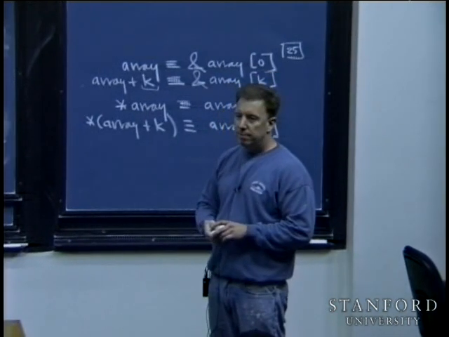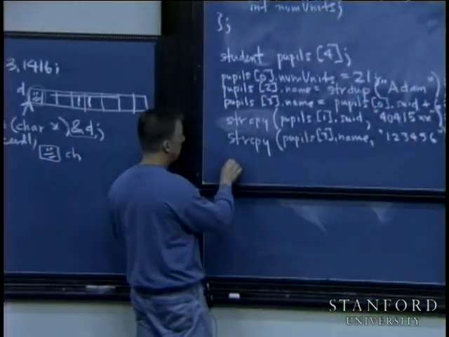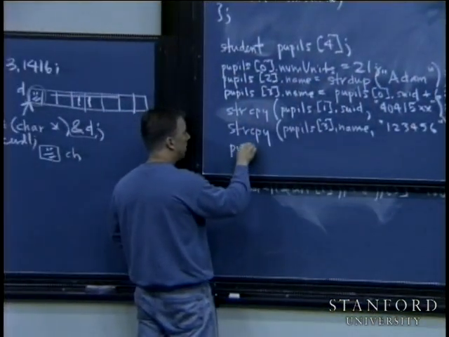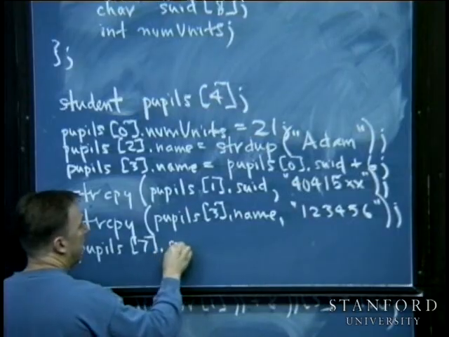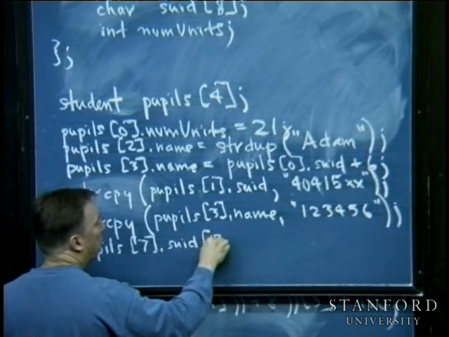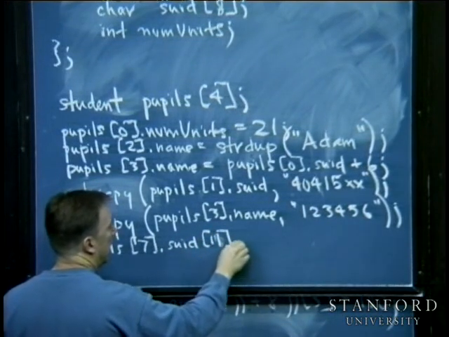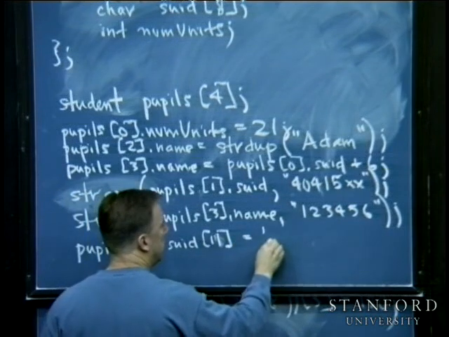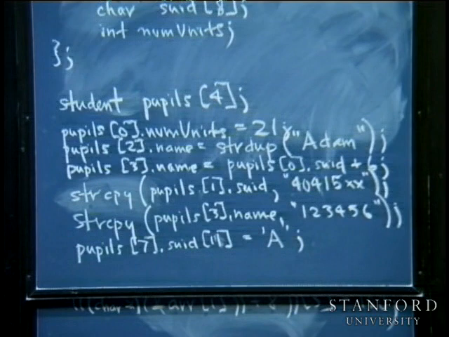Okay, one other line. Pupils of 7 dot SUID of 12. Let's not do that. Let's do 11 is equal to the character A. Just because there are structs involved doesn't mean it intimidates the executable.